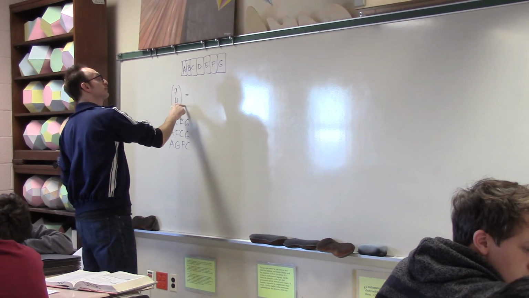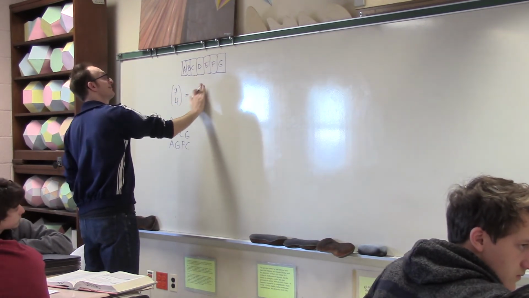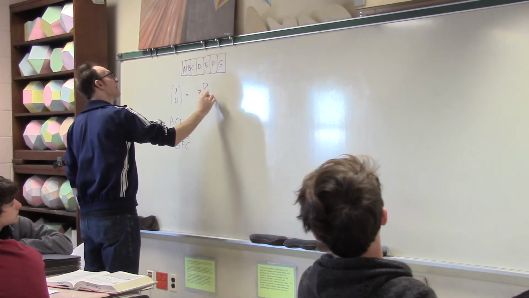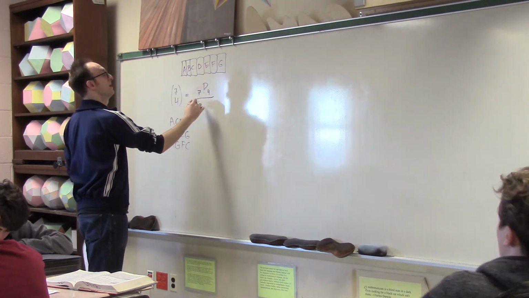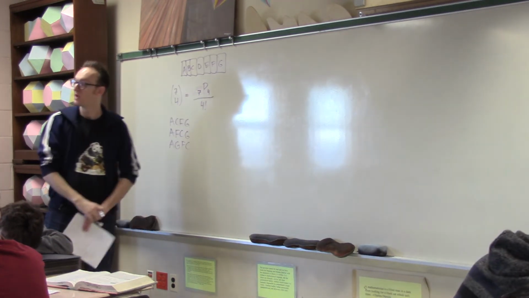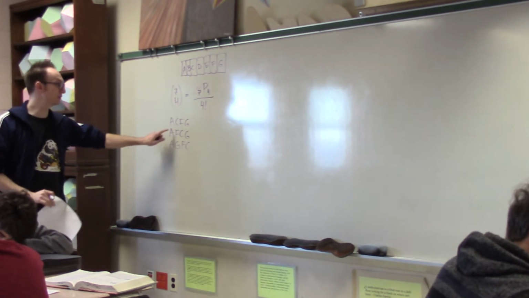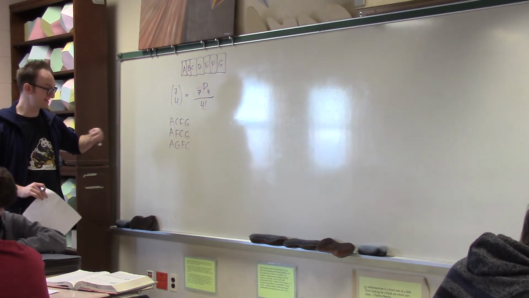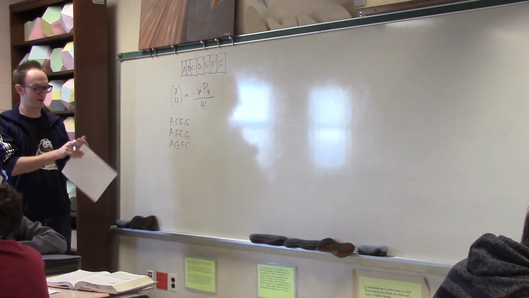So this 7 choose 4 is 7p4, but I also divide by 4 factorial. Because this new list should be shorter by a factor of 4 factorial.